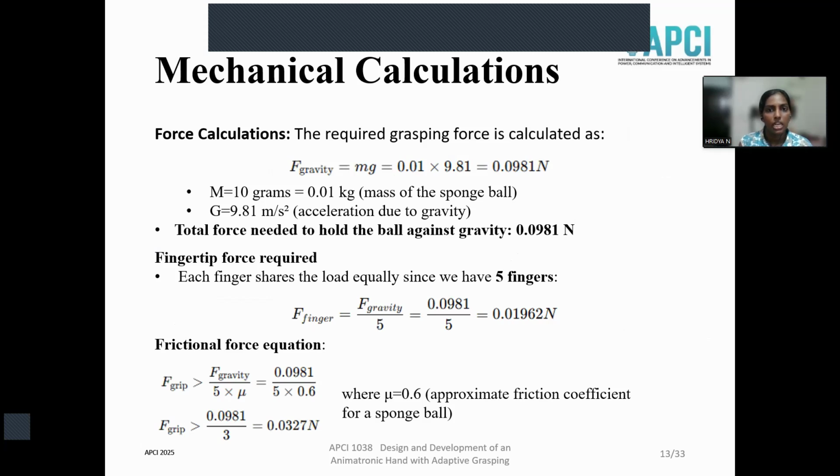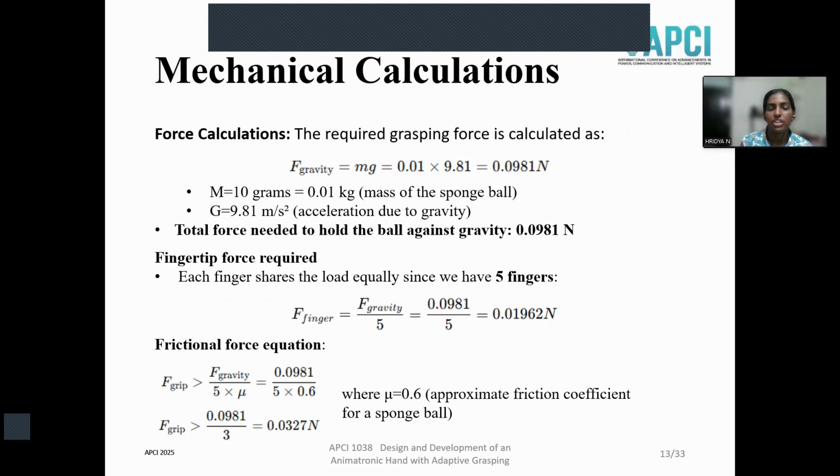So these are the mechanical calculations done for the design. The robotic hand we are using is for spherical ball objects, and the force required for grasping the ball is F equal to mg. That is, the total force needed to hold the ball against gravity is 0.0981 Newton.